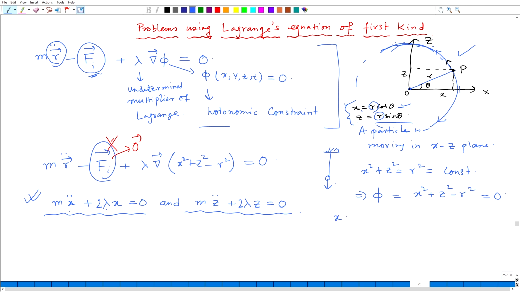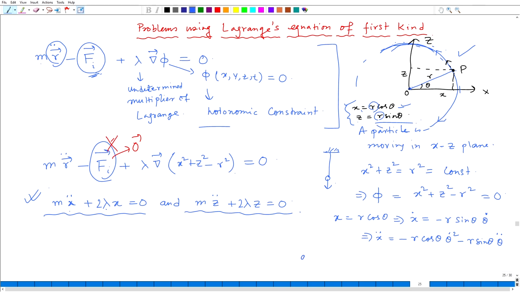So, x is r cos theta, that means x dot is equal to minus r sin theta theta dot, and then x double dot will be equal to minus r cos theta theta dot square, and then there will be minus r sin theta theta double dot.